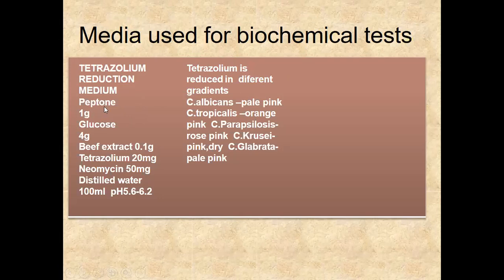It includes peptone of 1 gram, glucose, beef extract, tetrazolium, and neomycin, with distilled water, and the pH is around 5.6 to 6.6. This medium is used to identify the biochemical characteristics of the organism, and it can be used for growing the fungal organism.